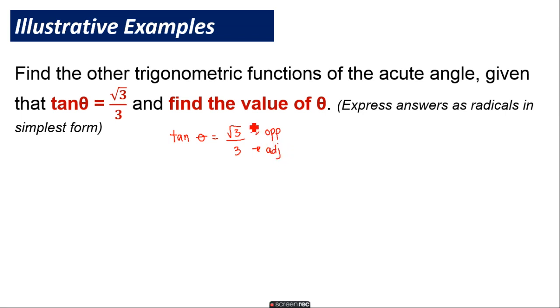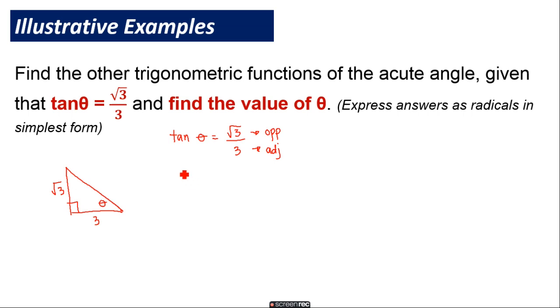Now let's again draw the right triangle with the theta positioned here. That's TOA, opposite. So we have the square root of 3 as the opposite, and then the adjacent is 3. So we are actually solving for the hypotenuse.